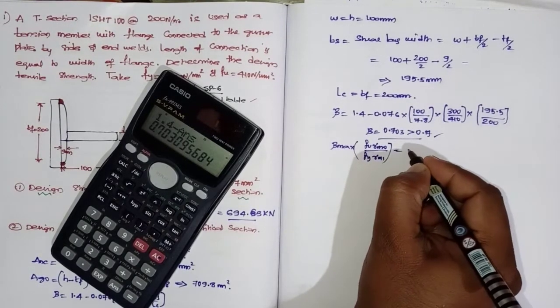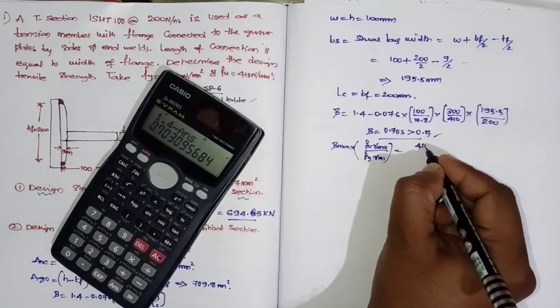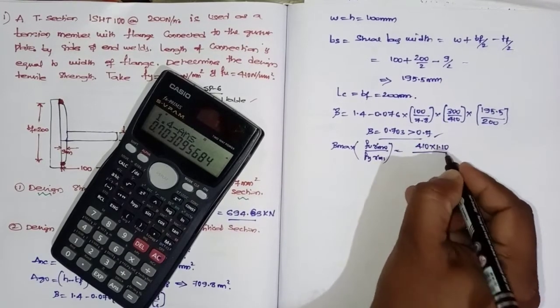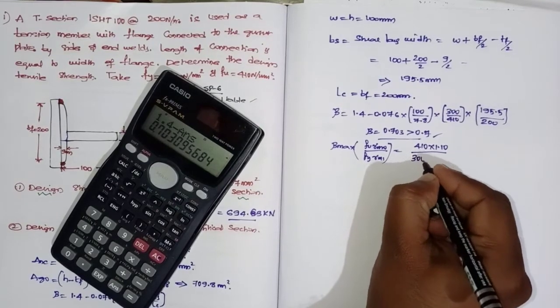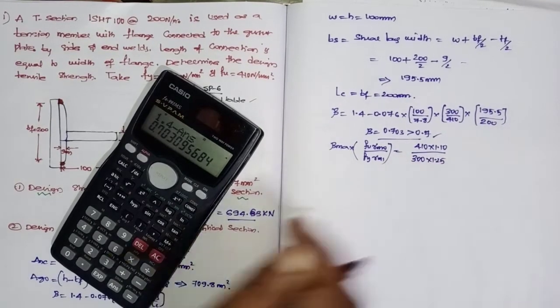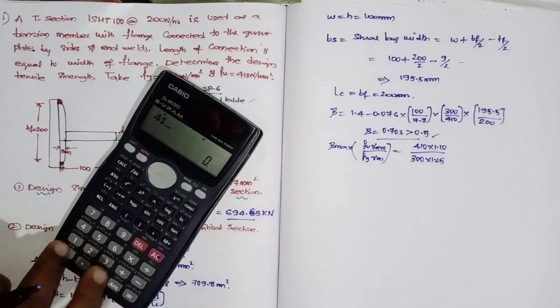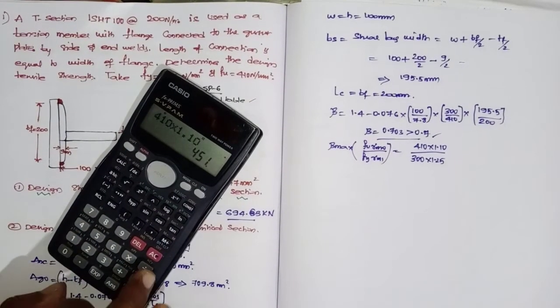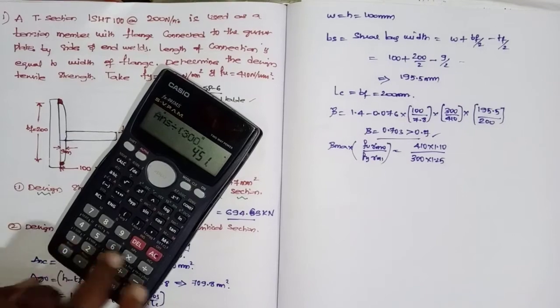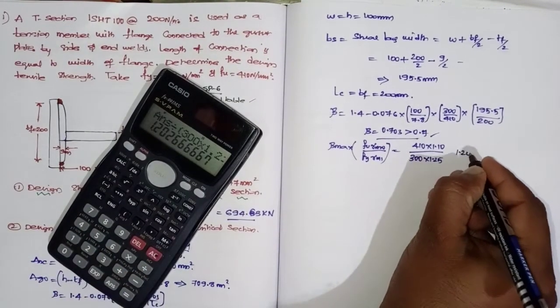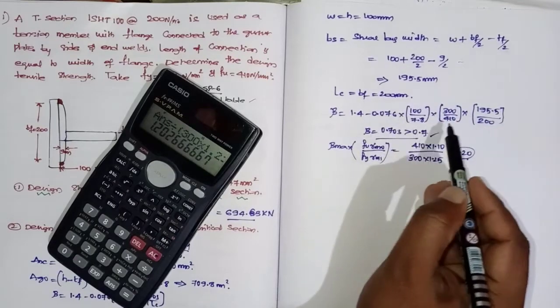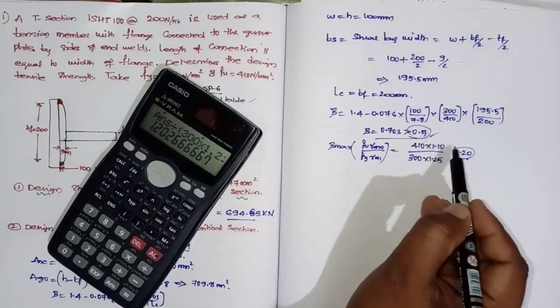What is Fu? 410 into 1.10 divided by 300 into 1.25. Okay, so 410 into 1.10 divided by 300 into 1.25, this is the maximum and 0.7 is the minimum. It is in between these.